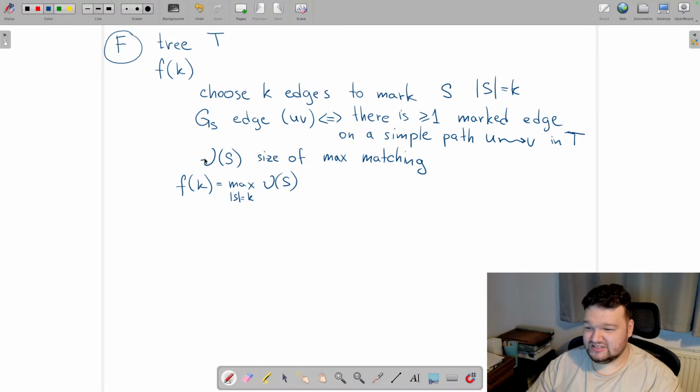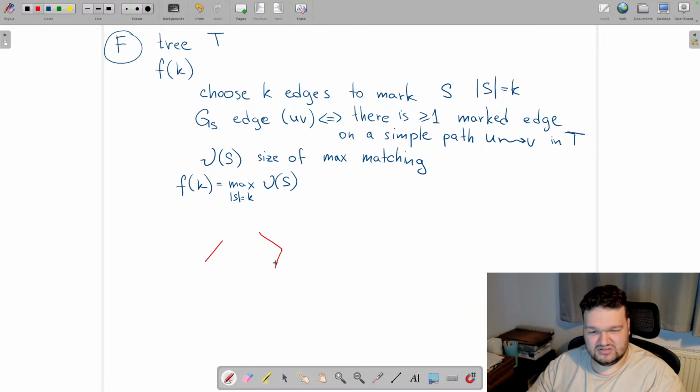Okay, so this seems like a lot of stuff, kind of scary, but it is not that hard actually if you try to understand what this all means. So first let's try to understand how our graph G will look for the given set of marked edges. Let's say that we have marked some edges.